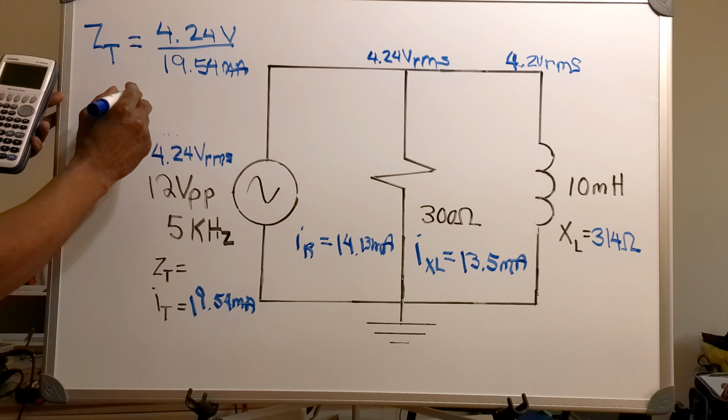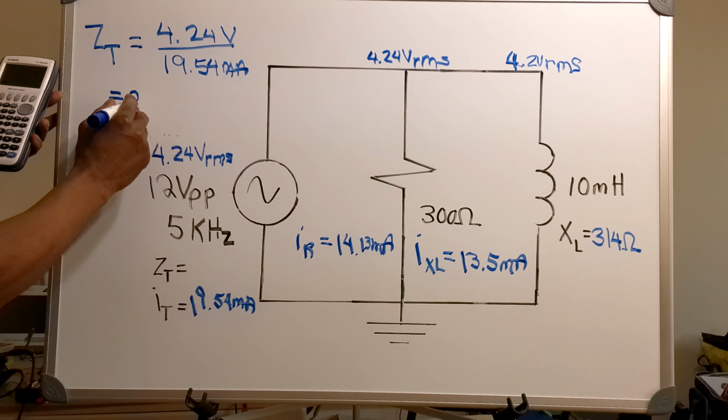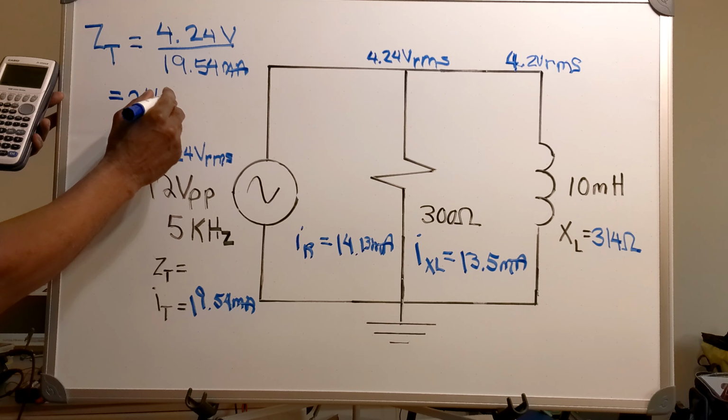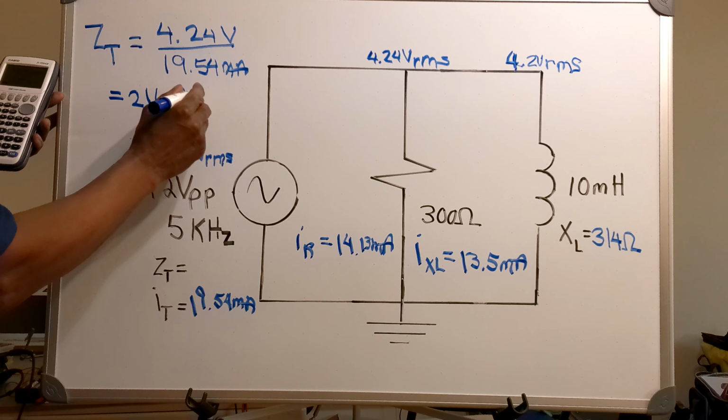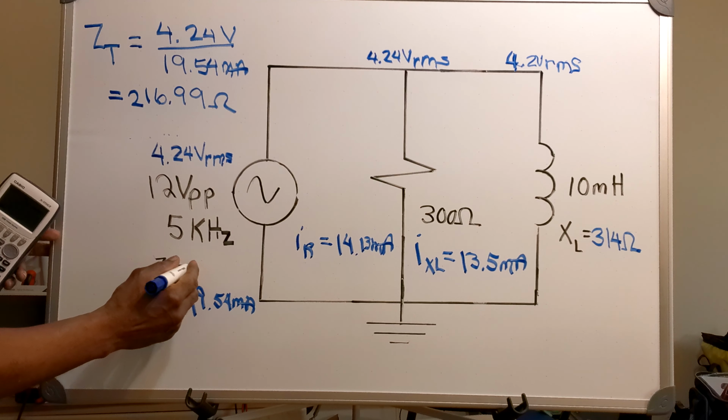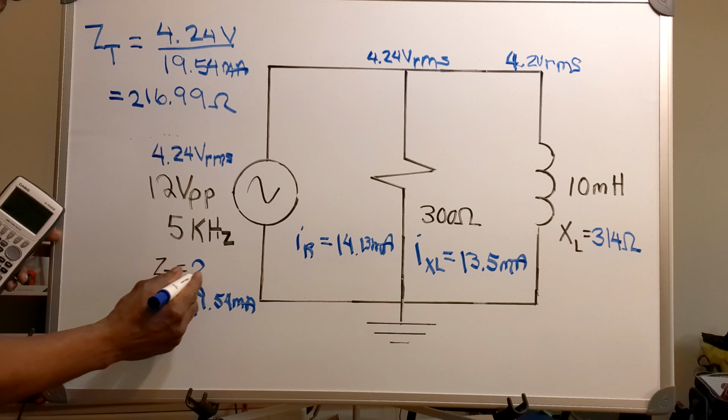That gives me on my calculator a total impedance of 216.99 ohms, and I'm going to round that up to 217 ohms.